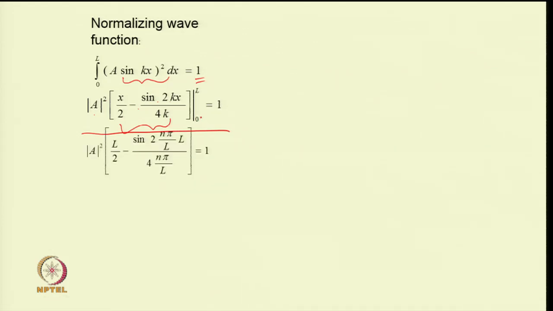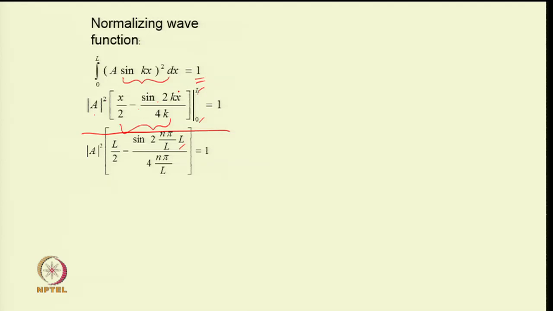Now, you put in these conditions. When x is equal to L, it will be L by 2 minus sin 2kL by 4k, put the value of k also, and for 0 you are going to get 0 here, and again here it will be 0.